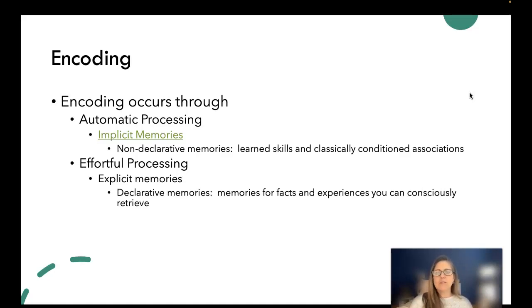So some examples of some implicit memories are non-declarative memories like learned skills, what we also call procedural memories, and classically conditioned associations. So those learned skills, things like knowing how to grip a pencil and form letters, or knowing how to swing a tennis racket, or drive a car, or all kinds of things. Even just those very basic things in terms of movement, those rely on what we call procedural memories.